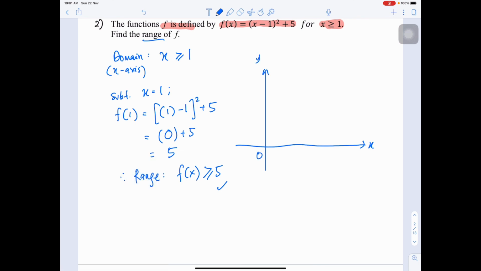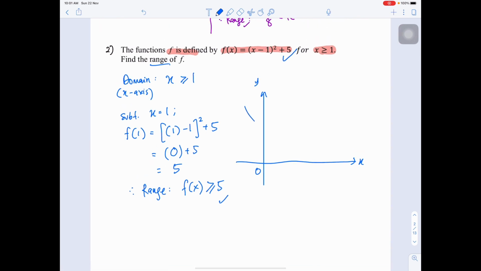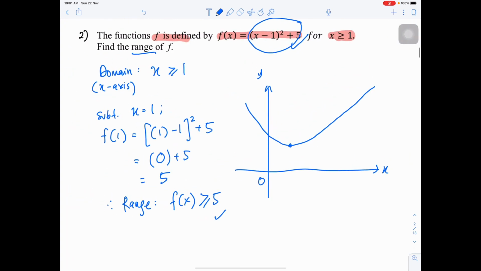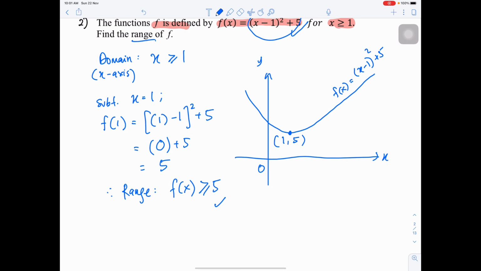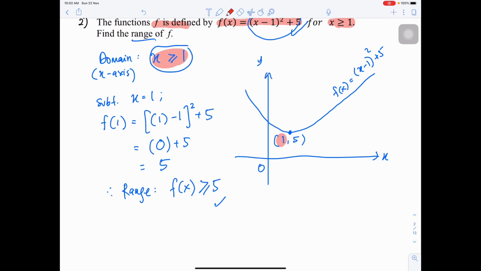For this type of function, completing the square, the minimum value is at (1, 5). So f(x) equals (x minus 1) squared plus 5. Because the domain is x greater than or equal to 1, we substitute x equals 1 and get 5. That's why the range is from the minimum point to infinity.